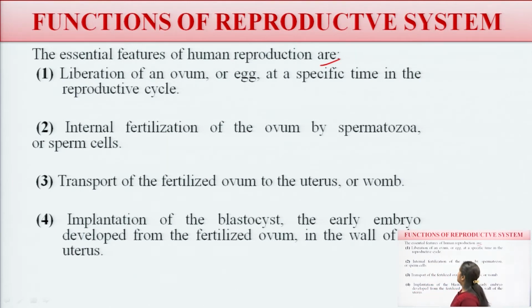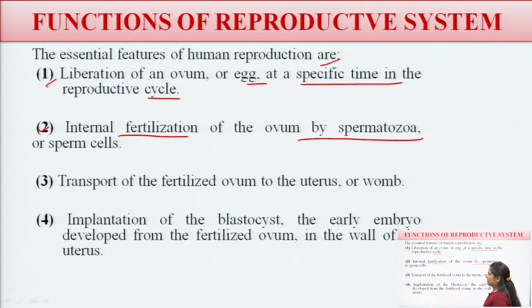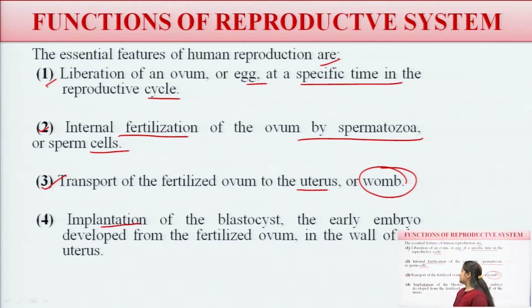The main functions are: lubrication for the ova or egg at the specific time in the reproductive cycle; internal fertilization of the ova by the spermatozoa or sperm cells; transport of the fertilized ovum to the uterus or womb; and implantation of the blastocyst, the early embryo developed from the fertilized ovum, in the wall of the uterus.